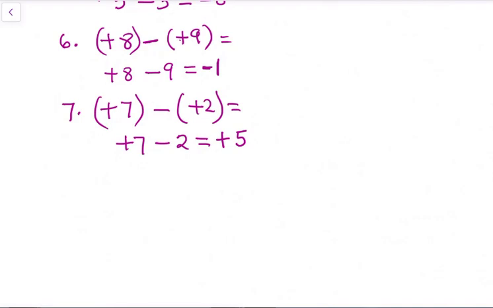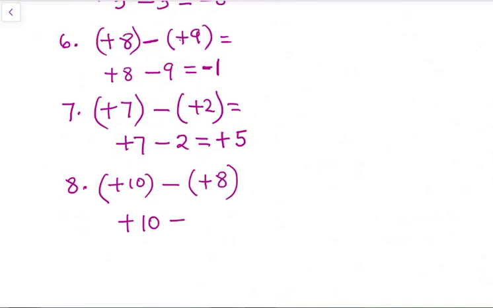So we'll take number 8. We have plus 10 minus plus 8. Again, we want to exercise caution here as we walk through these exercises. So this will be plus 10.